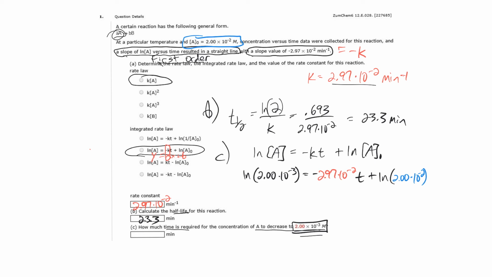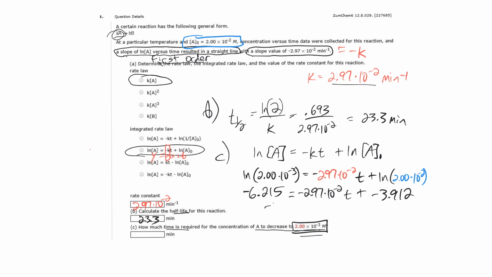And at this point, you can pull out your calculator. There's a bunch of things to take logarithms of. The natural log of 2 times 10 to the negative third is negative 6.215. We'll round at the end. And the natural log of 2 times 10 to the negative second is negative 3.912.